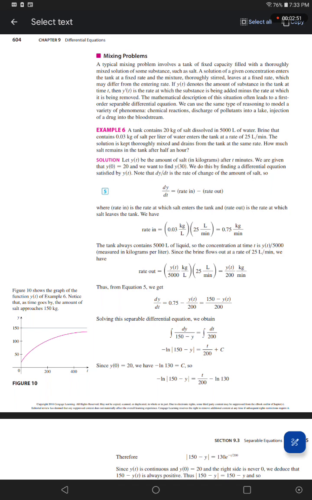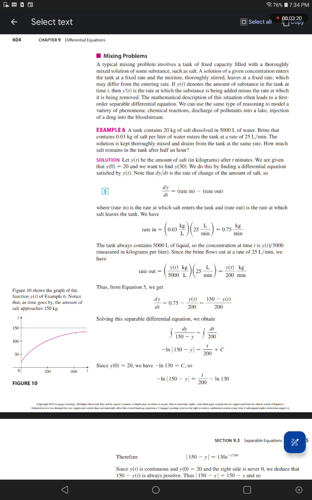We have rate in equals (0.03 kilograms per liter)(25 liters per minute) equals 0.75 kilograms per minute. The tank always contains 5,000 liters of liquid, so the concentration at time t is y of t over 5,000 measured in kilograms per liter.